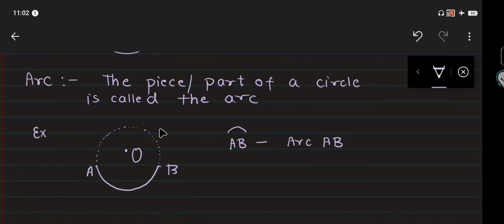If you see in this figure, you can see that there are actually two curves. One is at the bottom and one is above. Let's draw it separately.